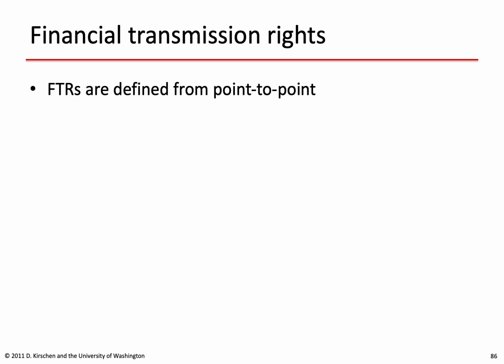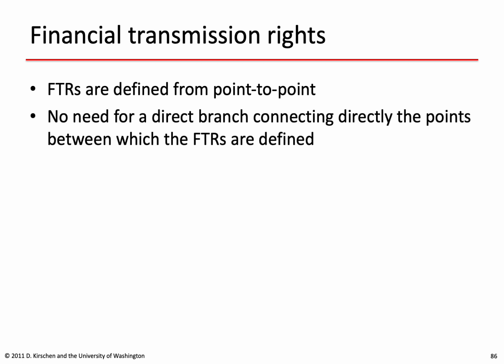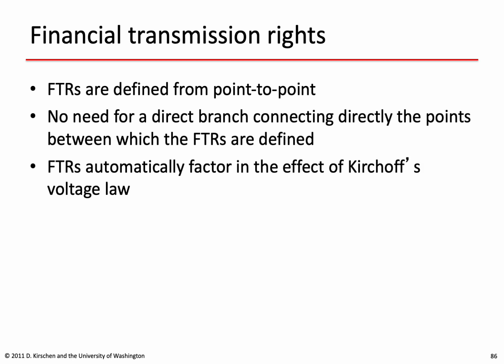Now, financial transmission rights are defined from point to point. That means that it doesn't need to have a direct branch connecting the points between which the FTRs are defined. In our Borduria-Syldavia example, there is a direct connection, but it doesn't really matter if there's such a connection, because these FTRs automatically factor in the effect of Kirchhoff's voltage law.